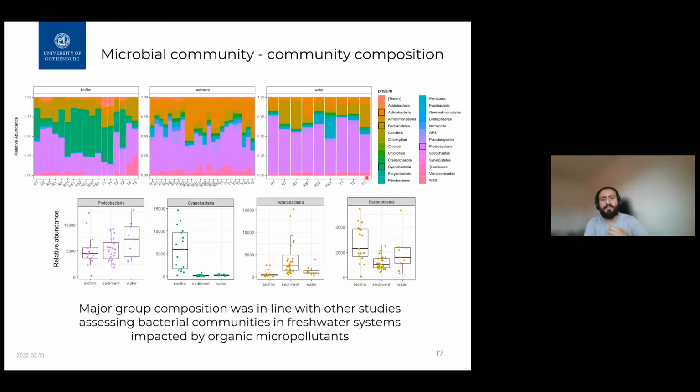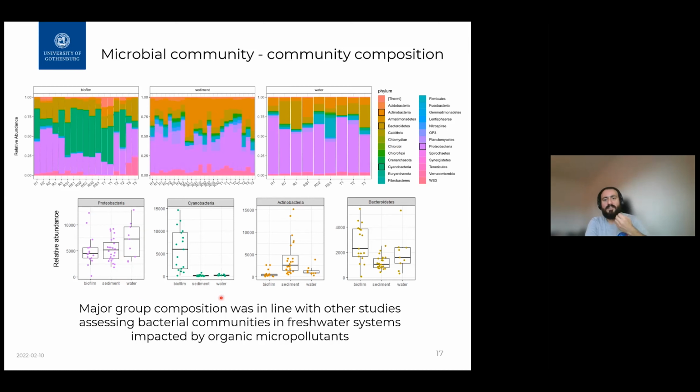This composition is organized at phylum level, so all the phyla present in our samples are described here on the right, and I just highlight the 4 major groups from a relative abundance perspective. You can see here that the proteobacteria group of phyla in pink is present in water, sediment, and biofilm, with a significantly high abundance in the water compartment.